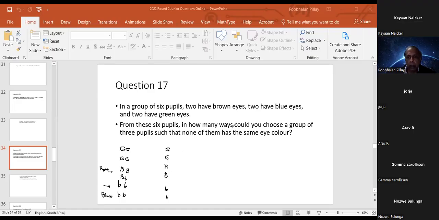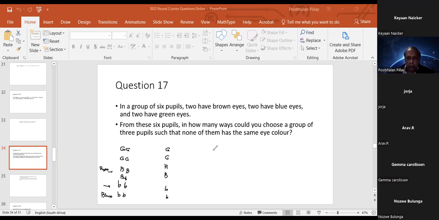Right. Now, you want to choose a group of 3 people such that none of them has the same color. But there are 6 pupils. You want to choose 3 of them so that none of them have got the same eye color.